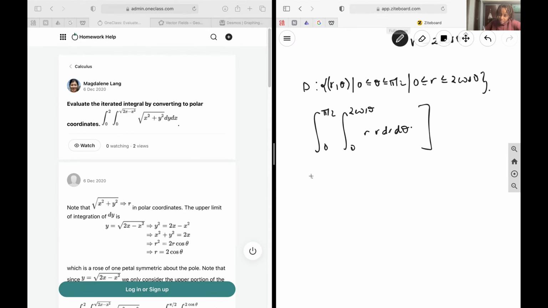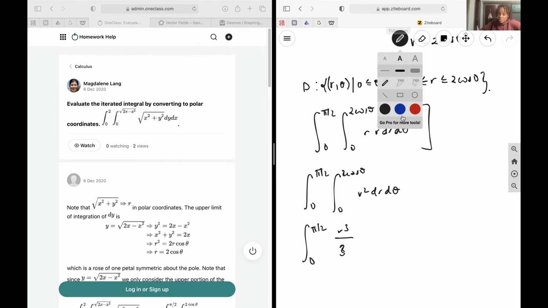So we can simplify this to become 0 to pi over 2, 0 to 2 cos theta, r squared dr d theta. We're going to integrate our r first, and that will become the integral from 0 to pi over 2 of r cubed over 3.